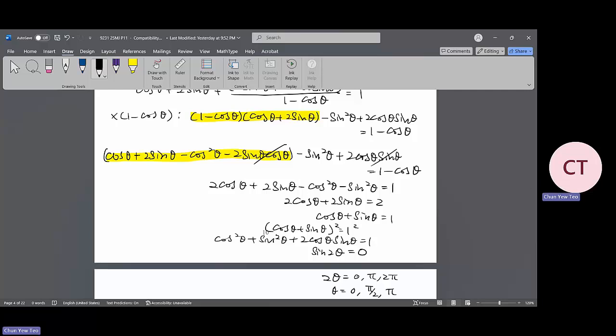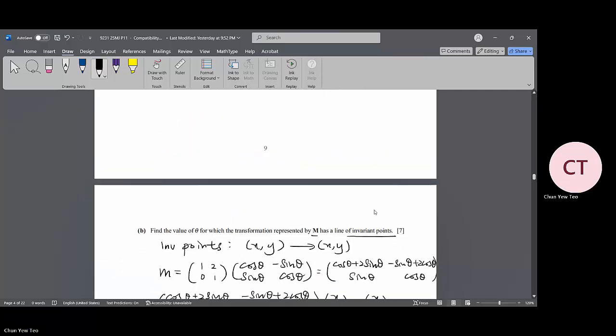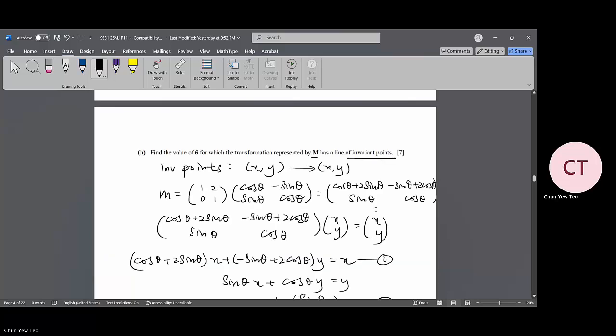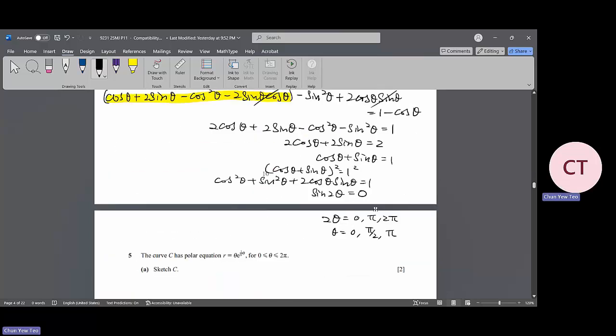And because they mentioned over here the theta is between 0 to 2 pi, so we will only take this answer. Because theta is between 0 to 2 pi, therefore your theta is only pi over 2.